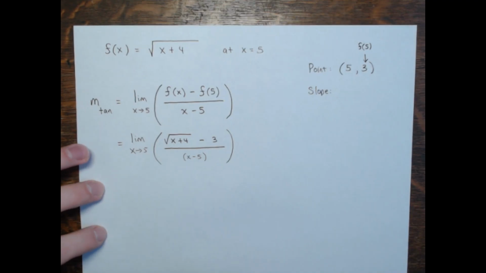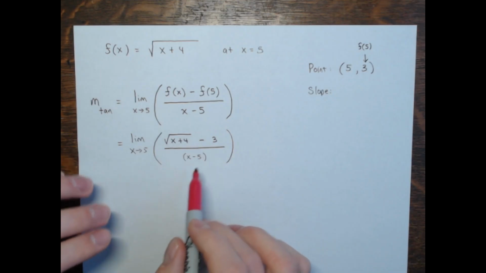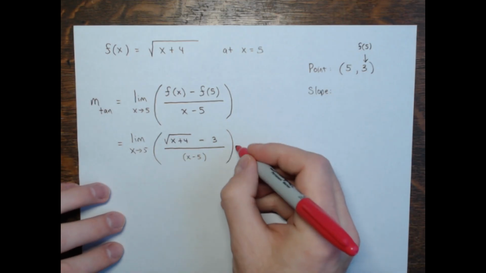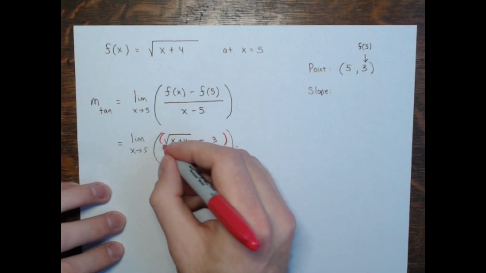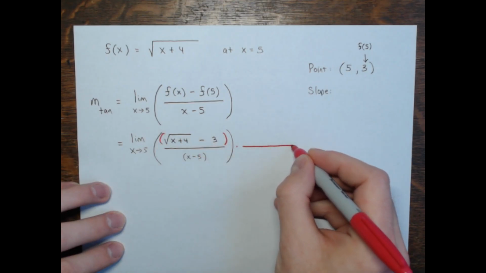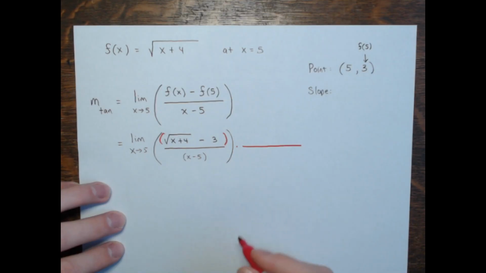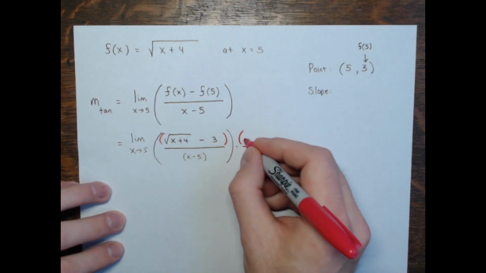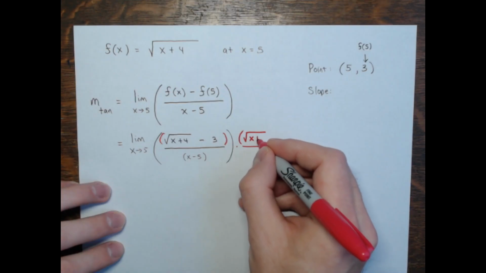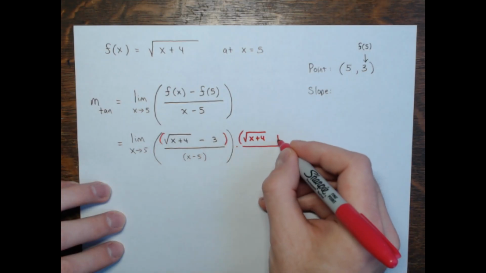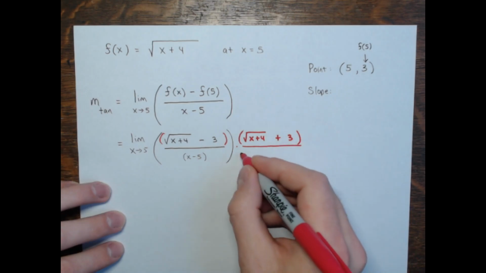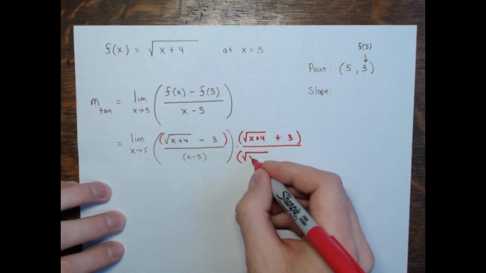That's the only factor down there for the next step, right? Because right now it's 0 divided by 0. So I'm taking the entire numerator, the entire denominator here, and multiplying. This is one of those with the square roots, so I'm going to multiply by the conjugate. That would be the square root of x plus 4 plus 3. And do the same thing down here.